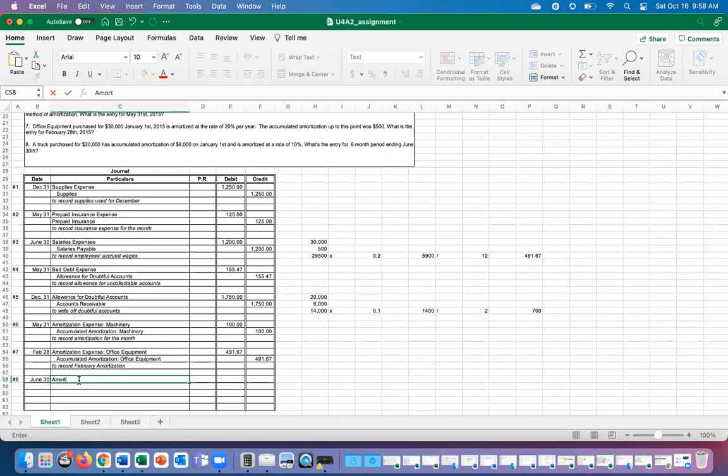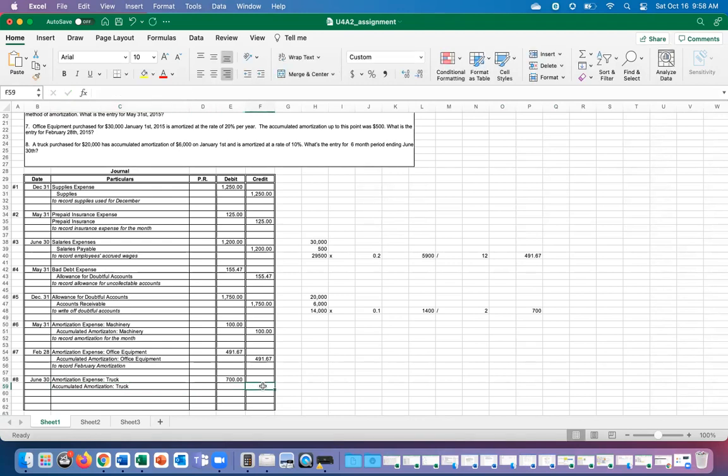Again, the only thing changing is the name of the account. This one will be truck. And this is our debit because it's an expense account. And when we add to an expense account, we debit it. Our accumulated amortization account to keep track of how much we've lost on this truck since the time that we bought it.